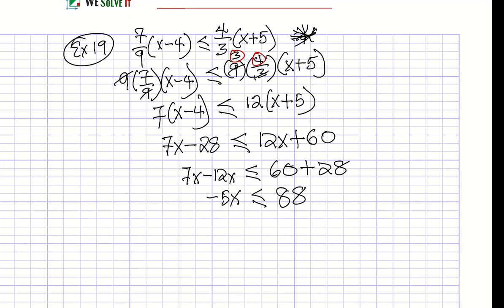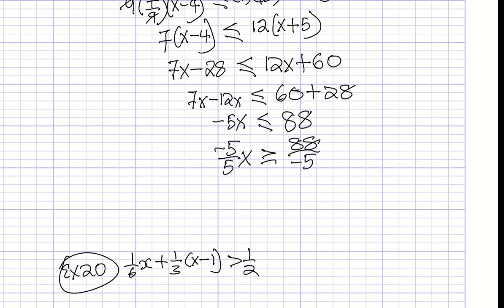So I will go like this: negative 5x divided by negative 5, and then we change the sign. It becomes 88 divided by -5. You see that, right? So this one will cancel out. You get x greater than or equal to -88 over 5. You see it, right? So that's what we got.